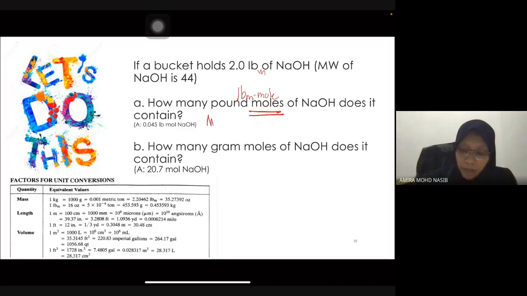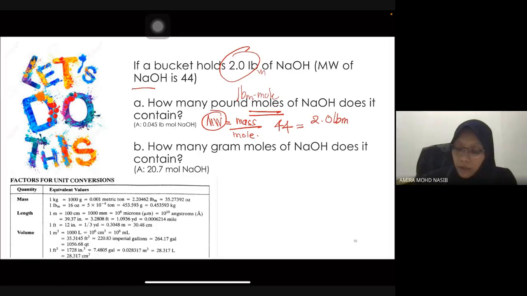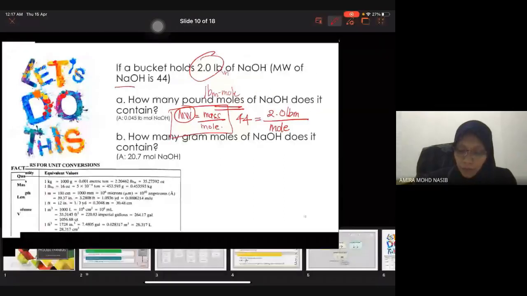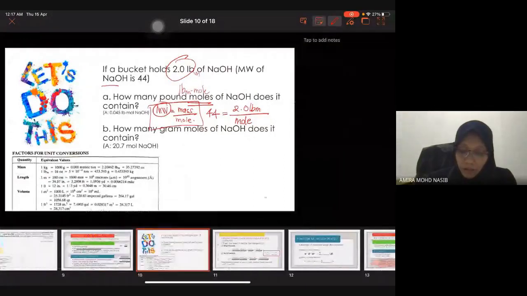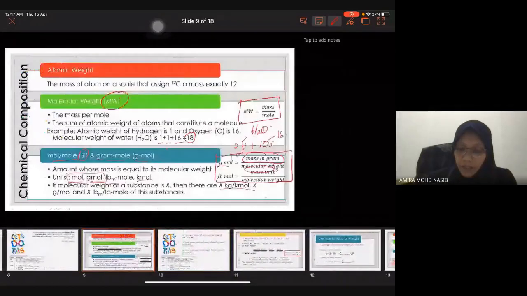So we know that molecular weight is equal to mass over mole. The molecular weight of the sodium hydroxide is 44. The mass is 2.0 pound mass divided by mole. Where did I get this equation? From the previous slide, this one: molecular weight is equal to mass per mole.